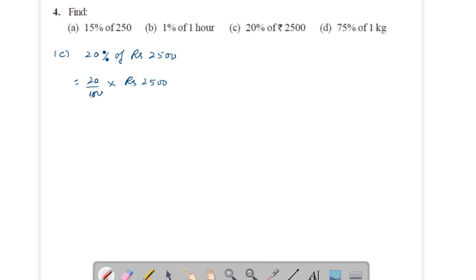Here you can cancel 20 by 20. You will get rupees 500. This is your answer.